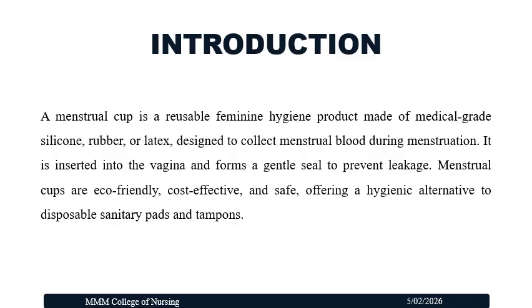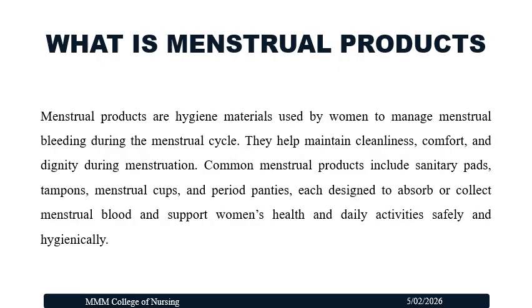Before stepping into the topic of menstrual cups, I would like to share some useful information regarding the products which we are using nowadays. Menstrual products are hygiene materials used by women to manage menstrual bleeding during the menstrual cycle.